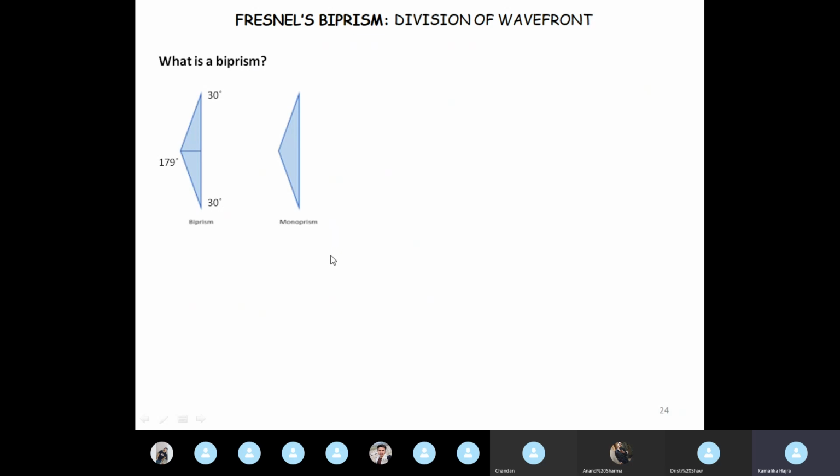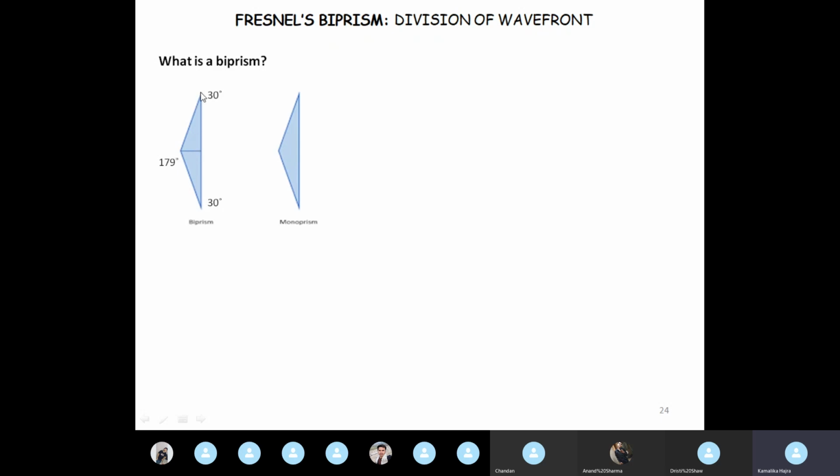If you slice a monoprism in a vertical section, then this is what you get. Now a biprism is basically two prisms, not monoprisms, okay? Two prisms that are attached together. They are actually two prisms of the same material, and although it is called a biprism, it is actually developed from a single glass, but its shape is such that it acts as a biprism.